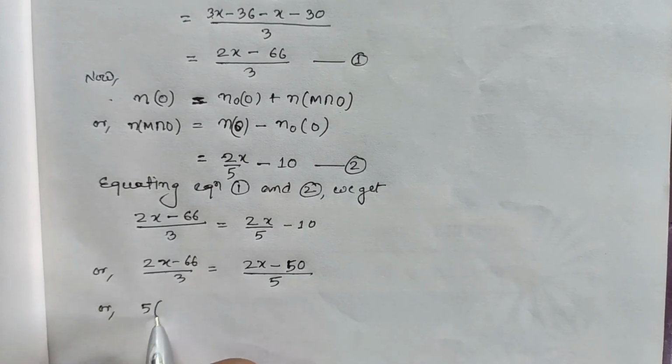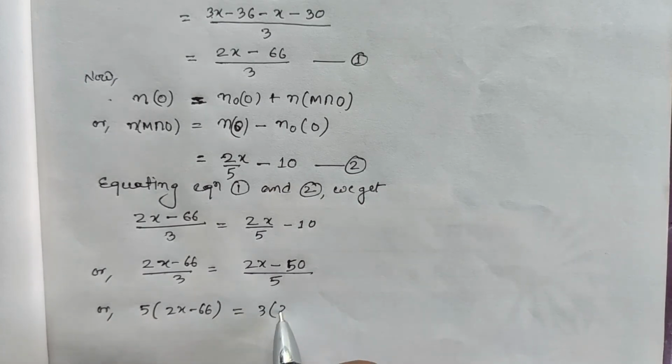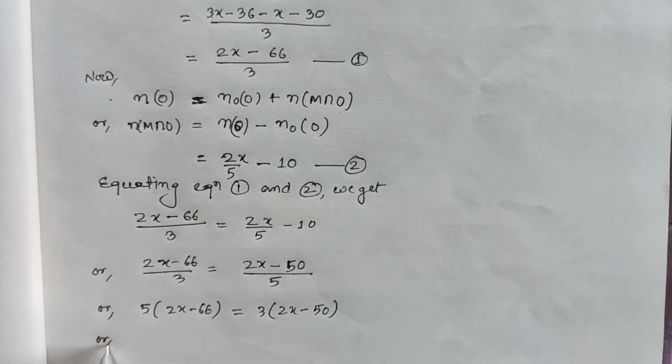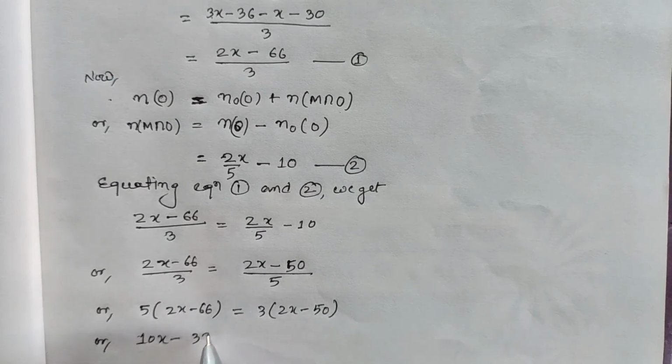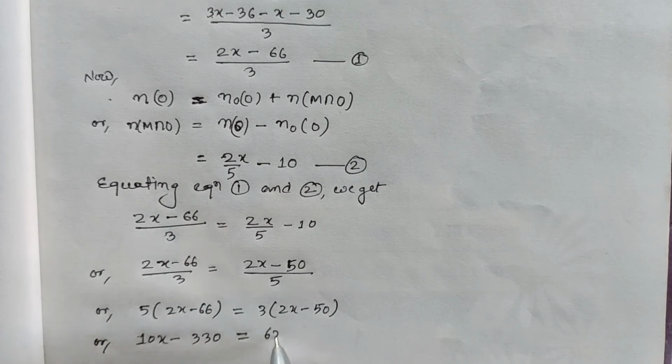So 5 times (2x minus 66) equals 3 times (2x minus 50), isn't it? Or it becomes 10x minus 330, since 66 into 5 is 330, and 6x minus 150.